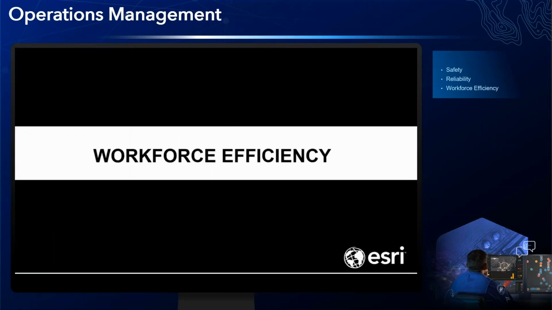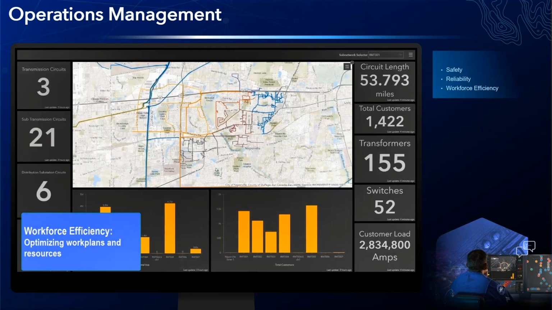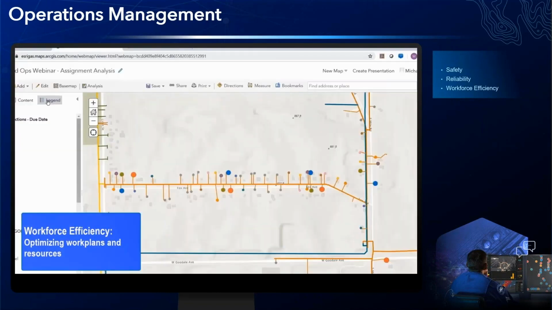Tom talked about unlocking the value of the ArcGIS platform, and workforce efficiency may hold the most immediate monetary value. As we've seen recently with COVID-19, dashboards are key to understanding. ArcGIS supports wonderful dashboards about what is happening on the system and with the operations staff.